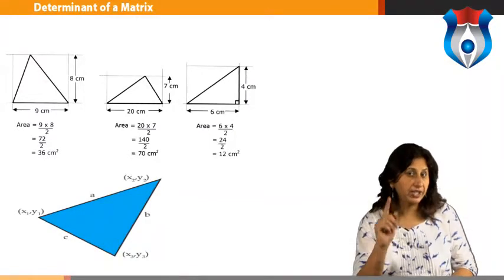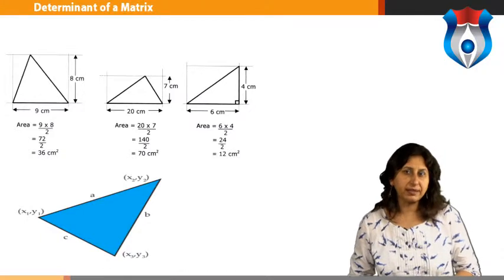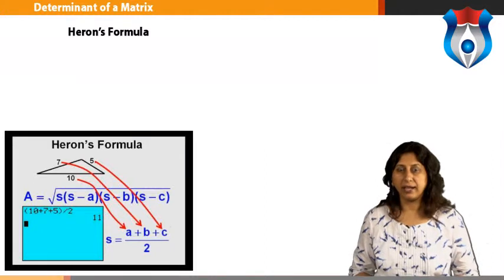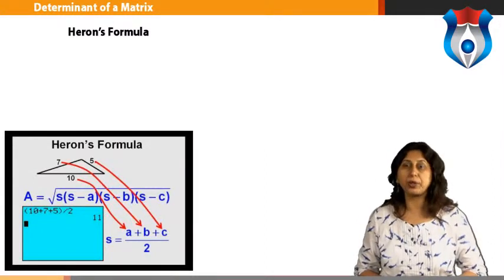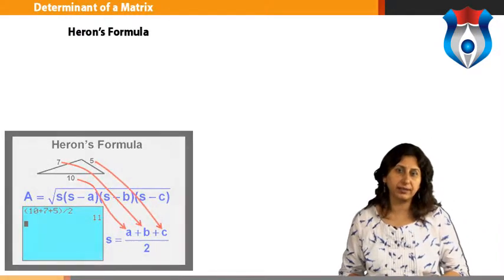However, when the triangle is not a right triangle, there are a couple of other ways that the area can be found. Heron's formula. If you know the lengths of the 3 sides of the triangle, you can use Heron's formula to find the area of the triangle.